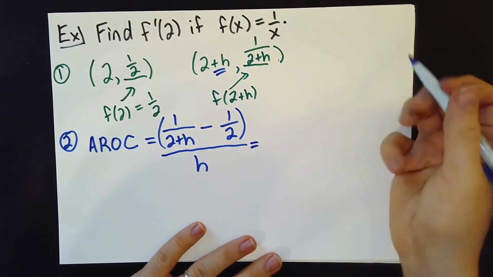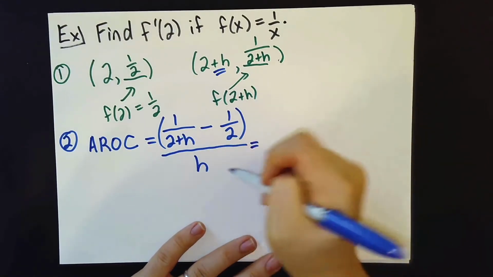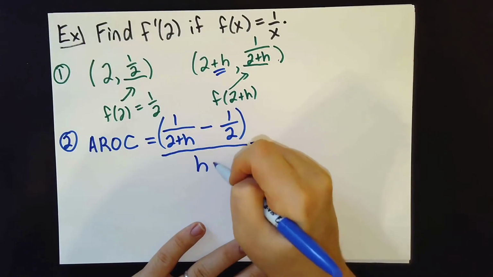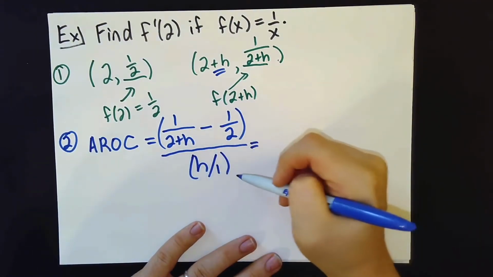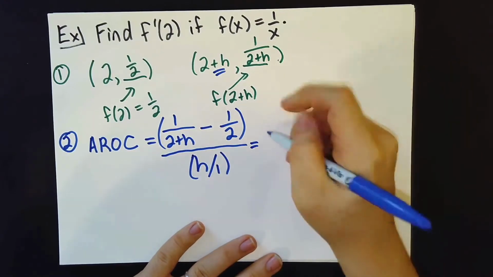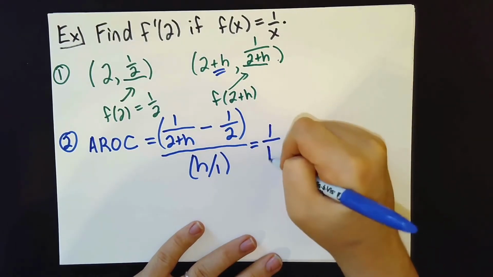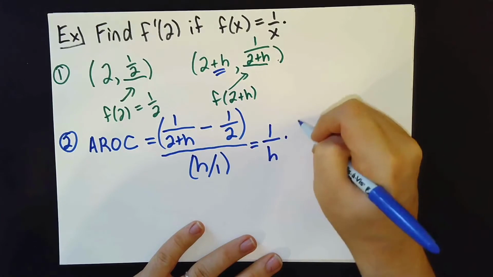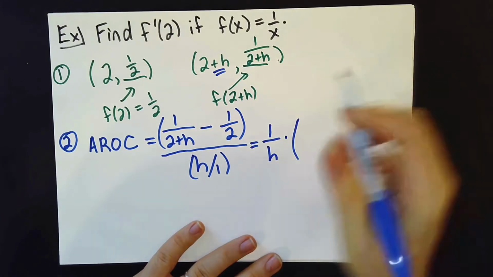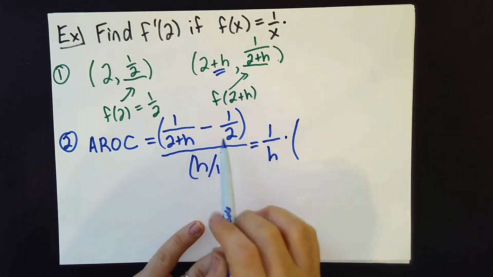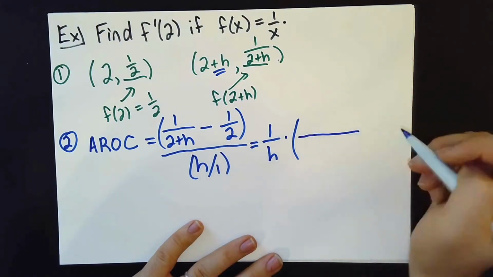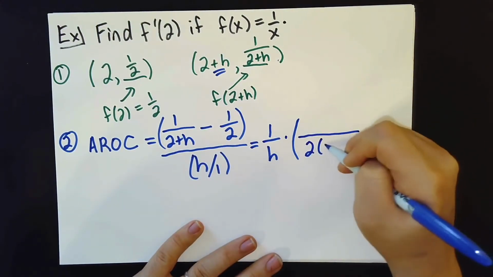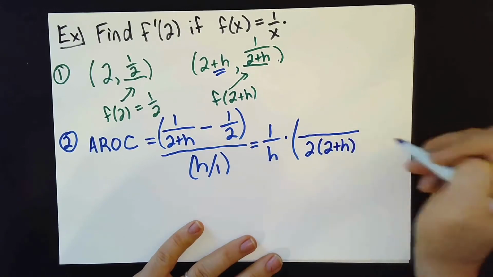First things first, when I go to simplify this, I want to rewrite this h as h over 1, which means that I'm now dividing by h over 1, which is the same as multiplying by 1 over h. So I'm going to put a 1 over h at front, times. And I now want to put these things over a common denominator. That common denominator is going to be 2 times 2 plus h.